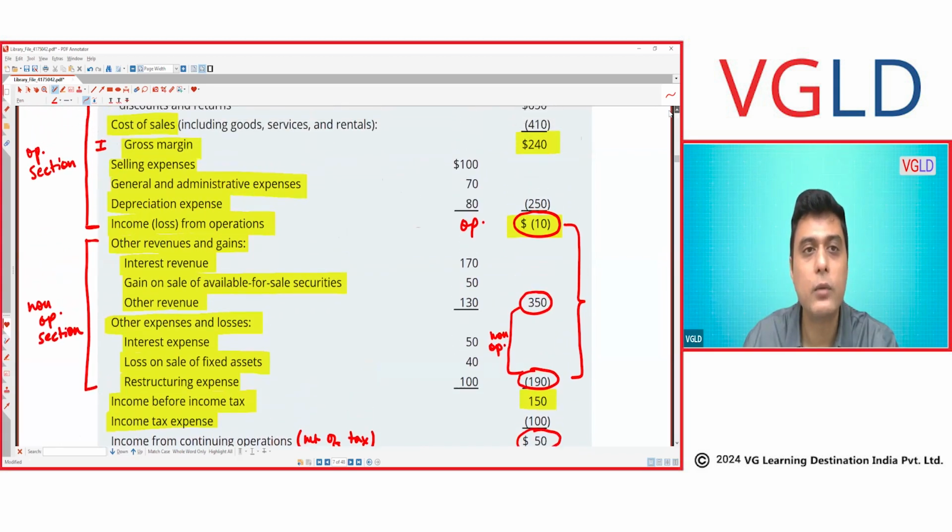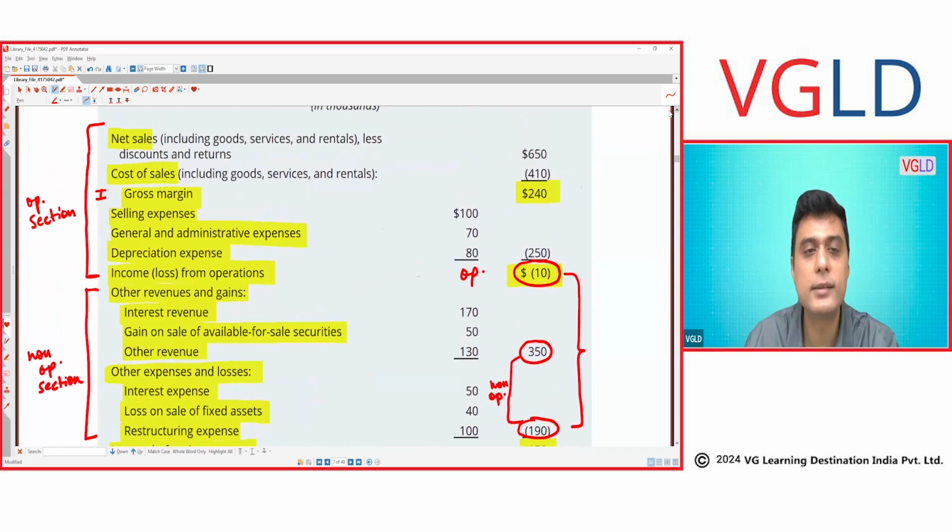So why is it called net sales if it is a gross concept? Because we are showing the sales net of discounts and returns.